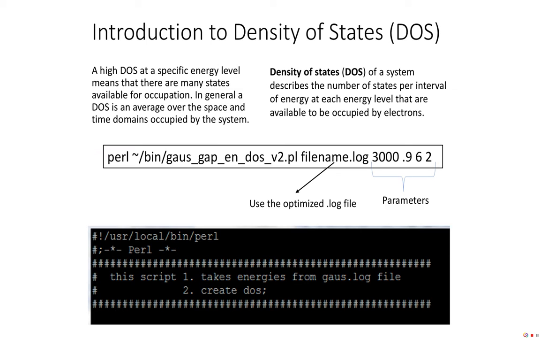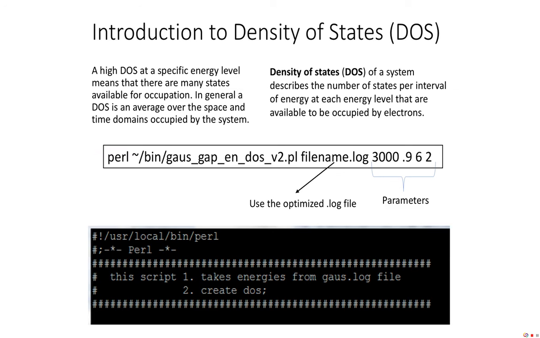So this is the command for the Perl file. You can put the file names here, and this is the optimized log file, and on the right side you can see the parameters for the Perl.